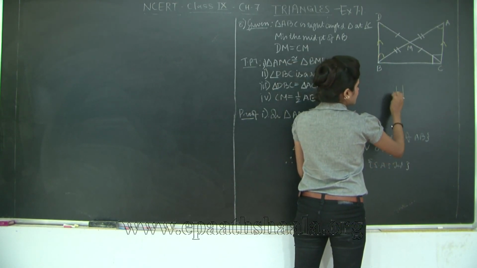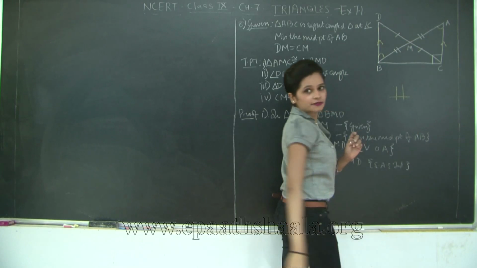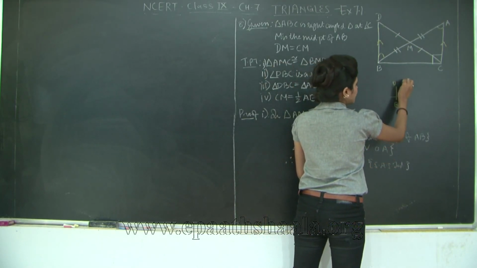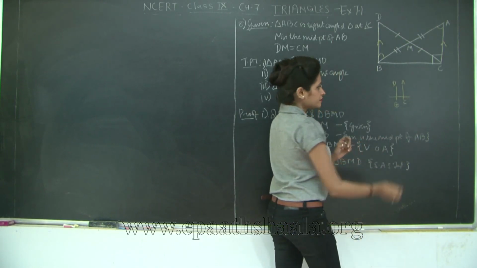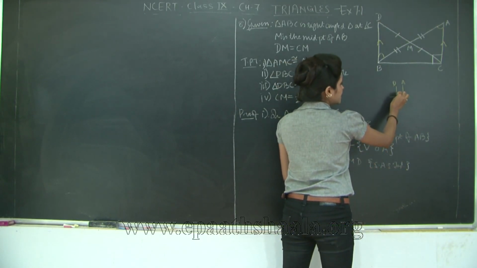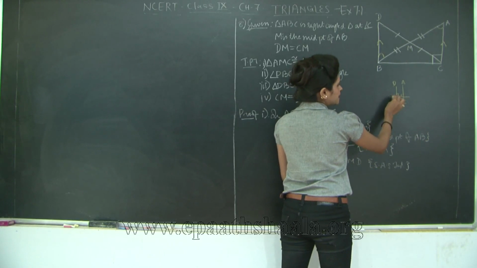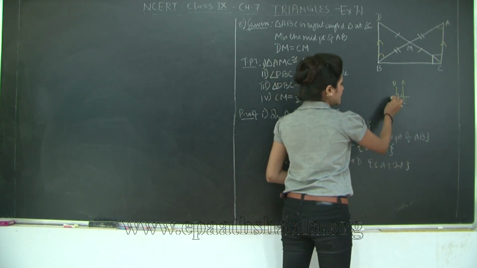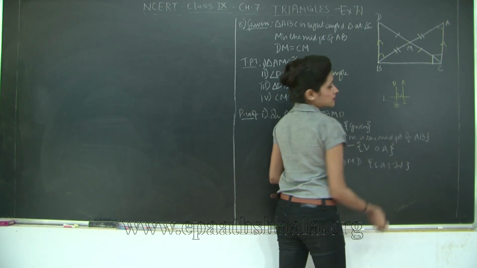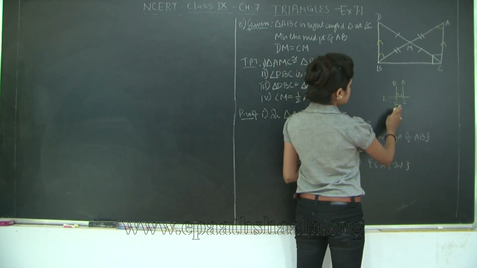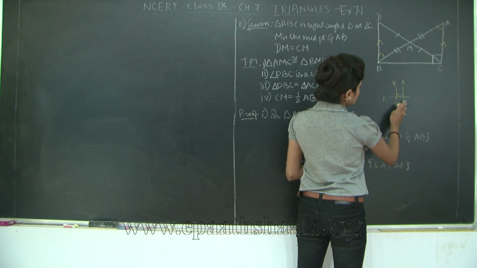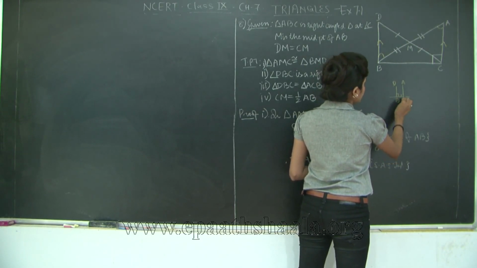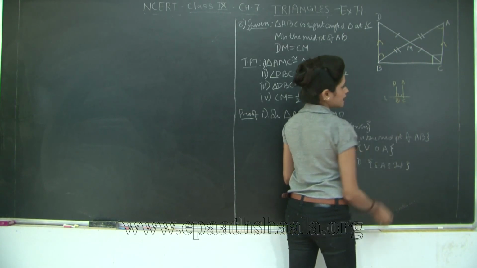I have drawn the parallel lines like this, which means I have DB and AC, correct? So obviously these are the interior angles on the same side of the transversal, where DB and AC are two parallel lines and this line L is the transversal, correct? Or rather I will say this is B and C and this is my transversal L, correct?